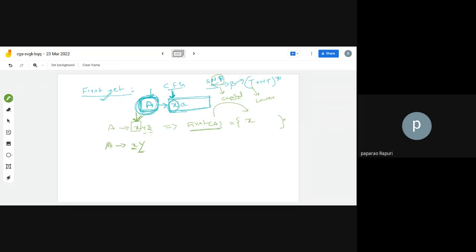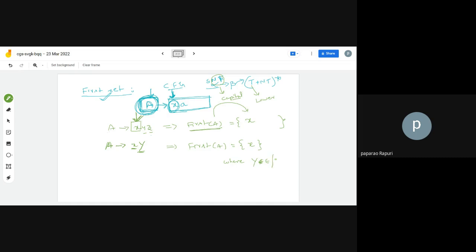Here I need to write the first of A. So the first of A is equal to small x, where Y may or may not belong to epsilon.